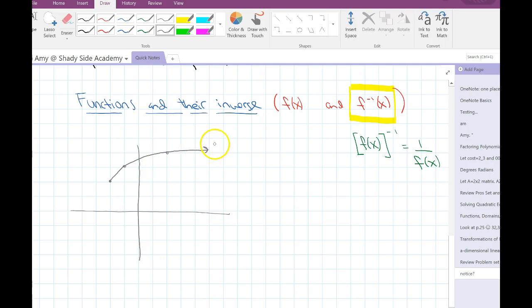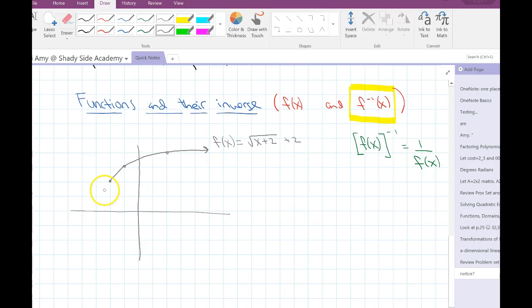Okay, this here is the function. I'll call this f of x equals, it's the square root function shifted left 2 and up 2. So it's the square root of x plus 2, plus 2. Okay, that is the function f of x.